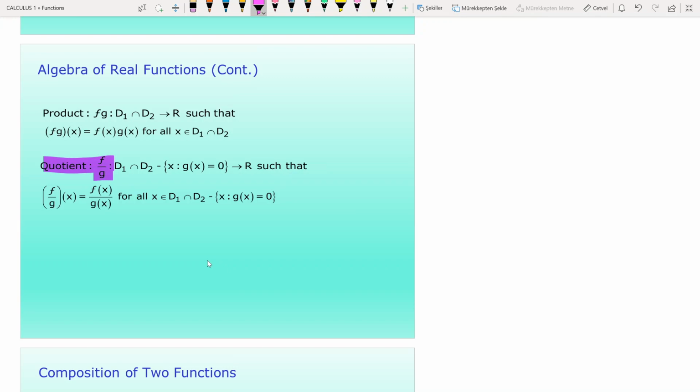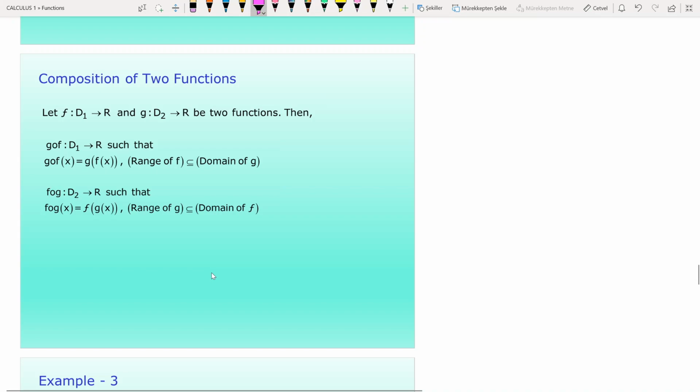Again, f is from D1 to R, g is from D2 to R. Then the domain of f over g is the intersection of these two sets minus the x numbers such that g(x) is equal to 0. So be careful. If a point makes the denominator 0, or if a point makes g(x) 0, then you subtract this point from the domain of f over g.